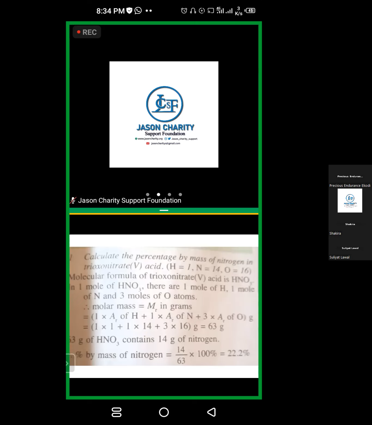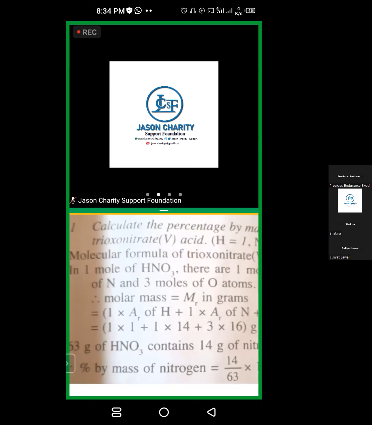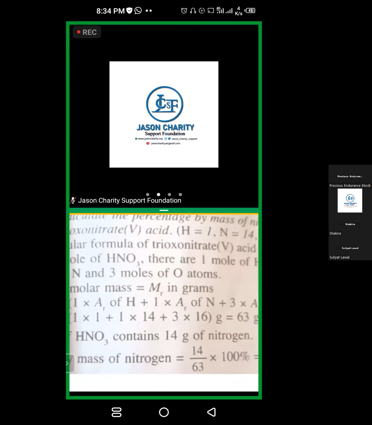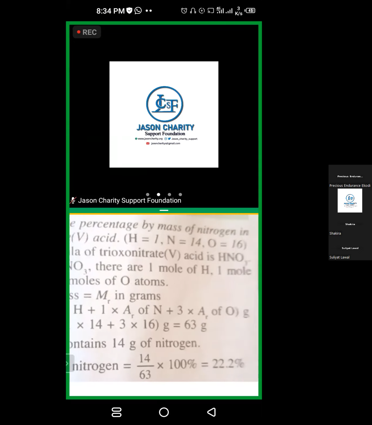See the molecular formula there being HNO3. So we have 1 mole of hydrogen, 1 mole of nitrogen, and then 3 moles of oxygen atoms. How do we calculate this? We have 1 times A, which is the atomic mass of hydrogen, then 1 times the atomic mass of nitrogen, which is 1 times 14, and then 3, which is the number of oxygen atoms, times the atomic mass of oxygen, which is 16.